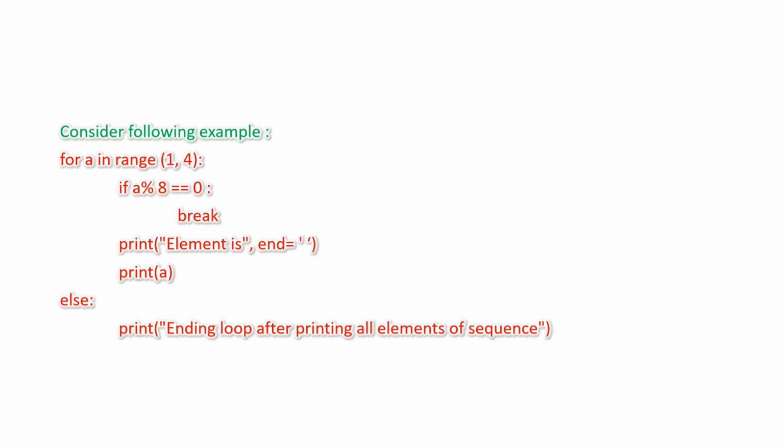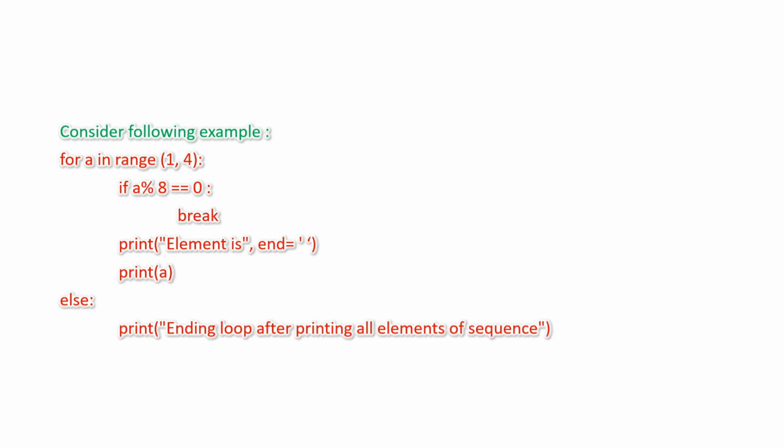But in the range 1, 2 and 3, the remainder will never be 0 and this break statement will never execute, but this print statement will print the value of a every time in the for loop. So first time a will be 1, then 2 and then 3, and after that the else statement will also execute because it will print the ending loop after printing all the statements.